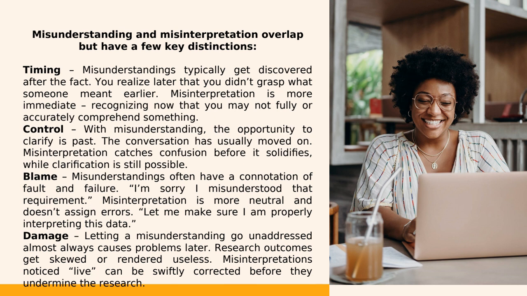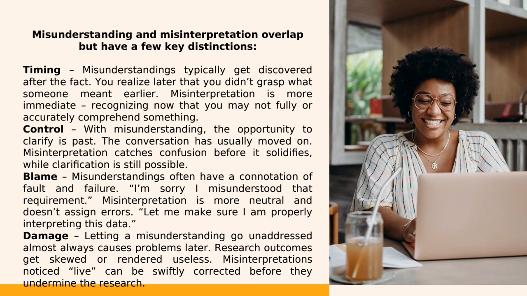That is when you understand that, okay, wait a second, so did I misunderstand this? Because I thought I grasped it correctly. So that happens afterwards. Whereas misinterpretation is very immediate, like it's right in the moment of the communication.